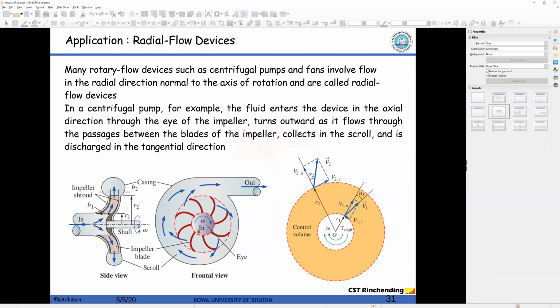Right now I'm simply showing you figures of the interior part of a pump. There are a series of vanes, and these vanes make the water rotate, and then we get the increase in head. Right now it is not important, I'm showing this just for information, that the application of everything you have studied so far is there in pumps.